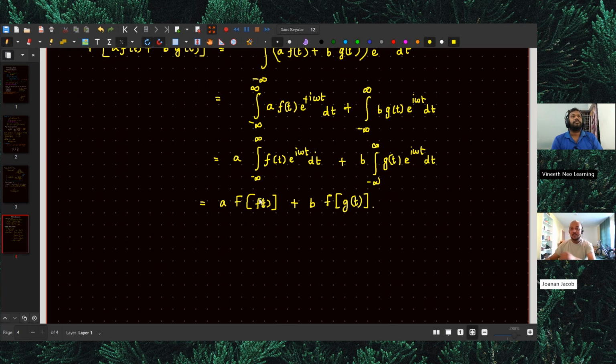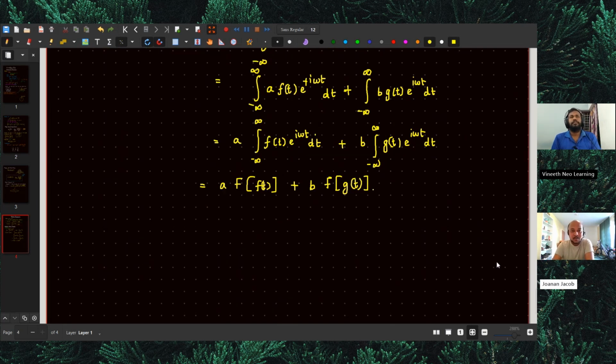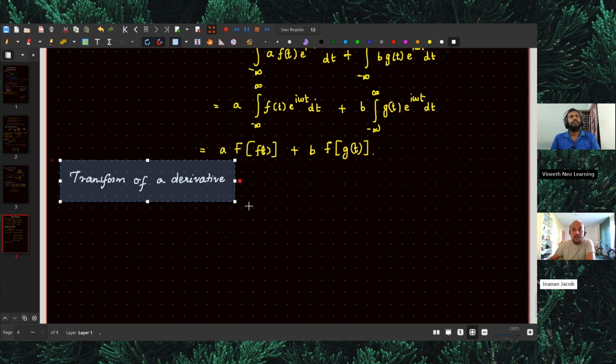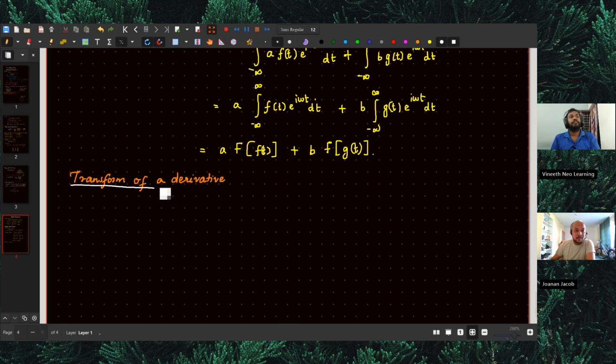Now let's come to one of the most important properties of the Fourier transform, that is the transform of a derivative. Here is where the idea of the Fourier transform helps us.